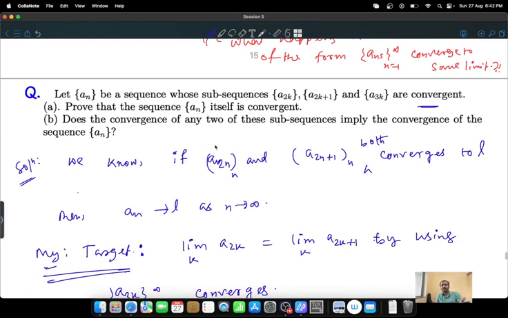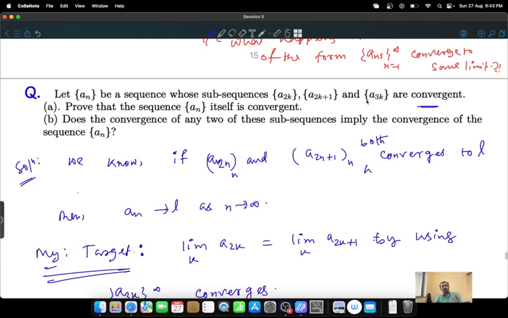Now you can try at home by replacing 2 and 3 by some other numbers. And not only this, see, all these numbers 2k, 2k plus 1 and 3k, they are a partition. I mean you can write the natural number set as a disjoint union of infinite sets. Say, for example, you take 5 disjoint infinite sets whose union is N, and obviously all of them are infinite, otherwise you cannot consider sequences.